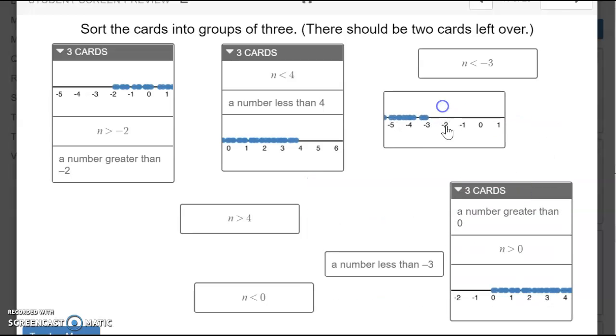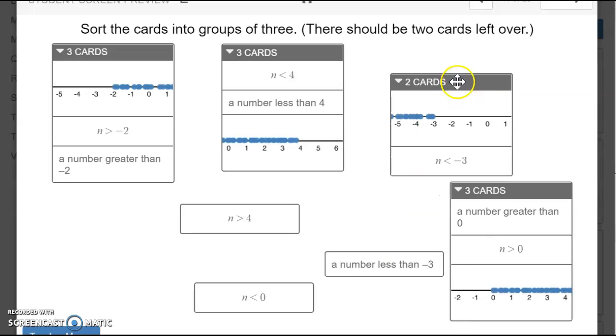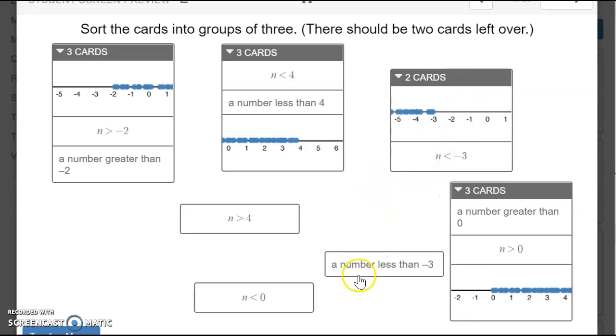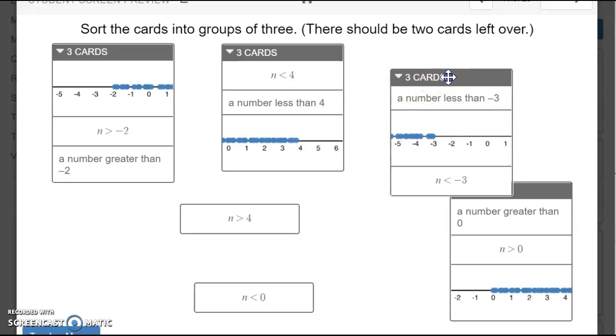And then finally this number is smaller than -3. So number is less than. So -3 is the bigger number, n is the smaller number. So here we go. And how do I write that, a number less than -3? Okay.